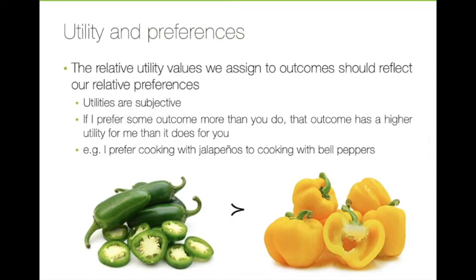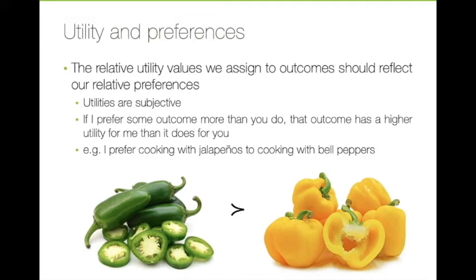Now, these utility values are subjective. Utilities are subjective. That means that the utilities you assign to outcomes will reflect your unique preferences. That's because your preferences are what should guide the decisions that are best for you.